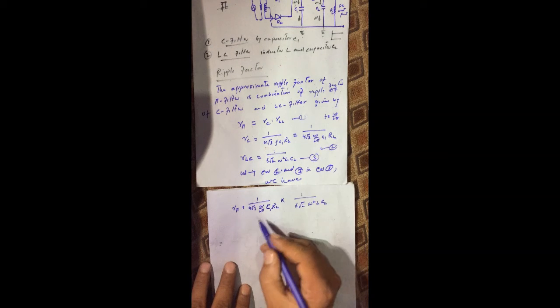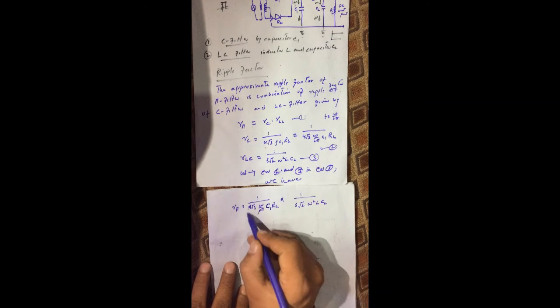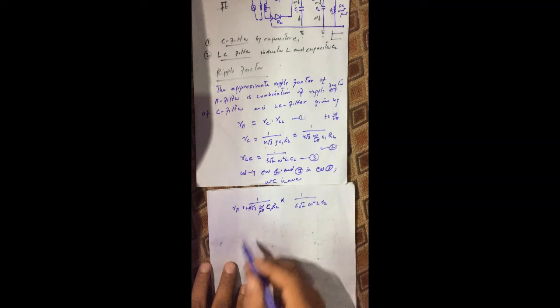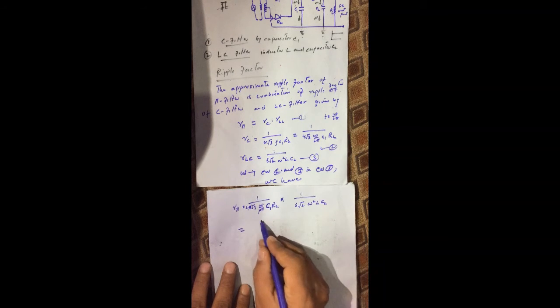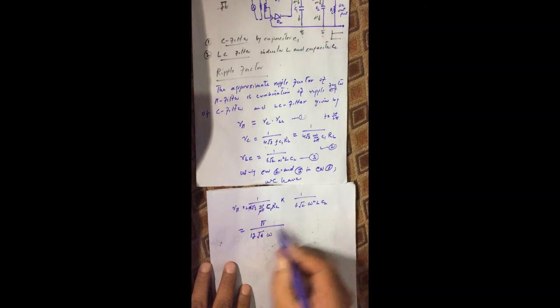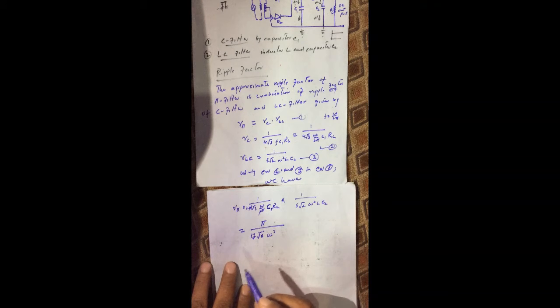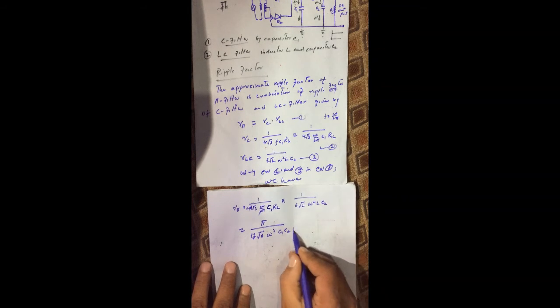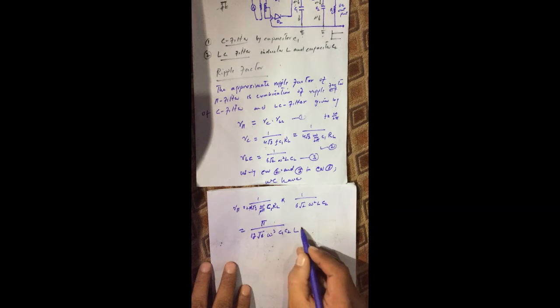If we simplify this, these 2 cancel, so here we have 2. We get pi over 12 times 6 square root, and we have omega cubed, C1 C2, L, and RL.